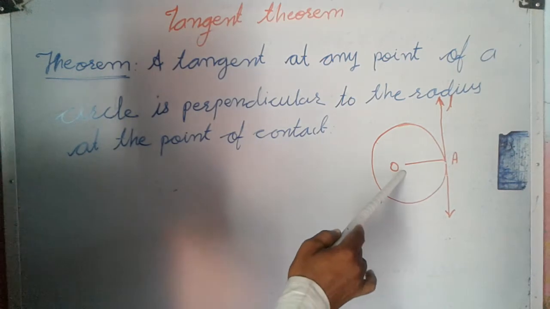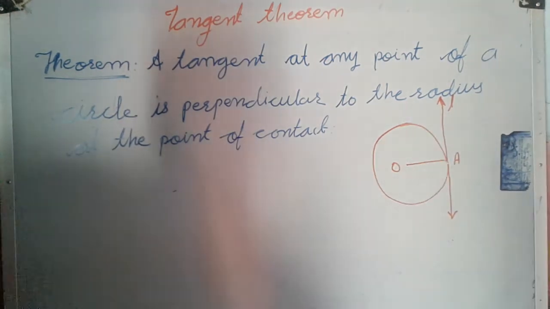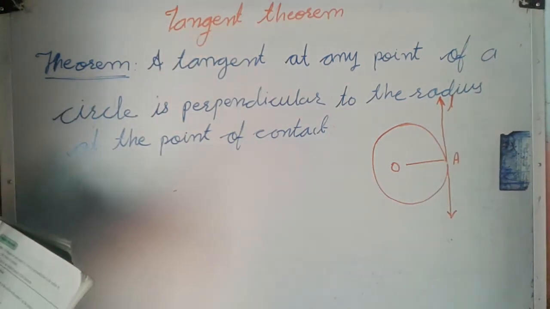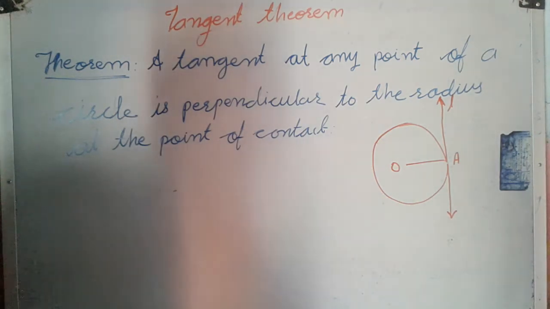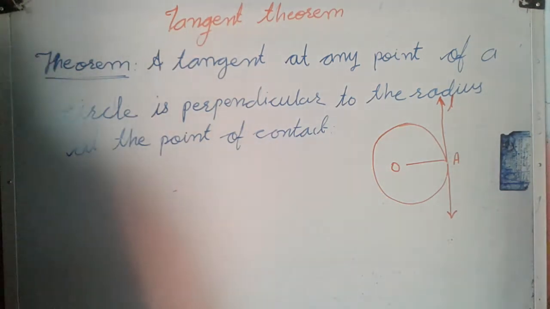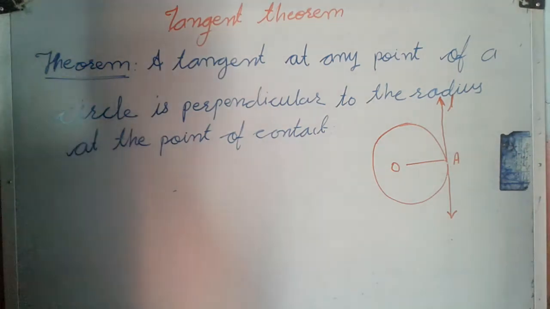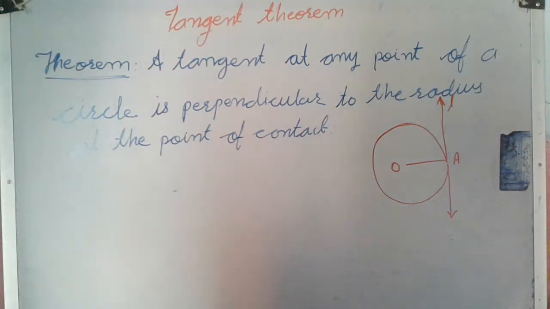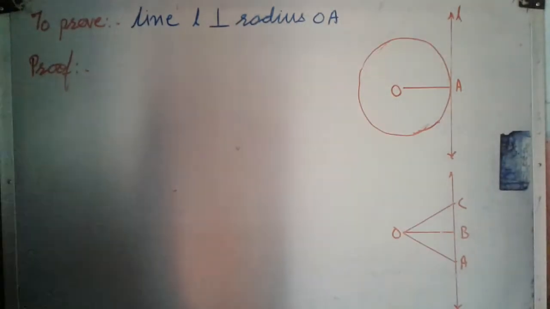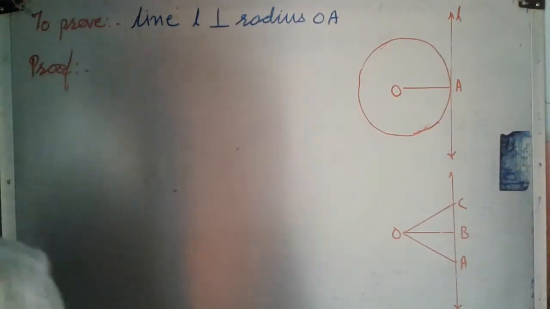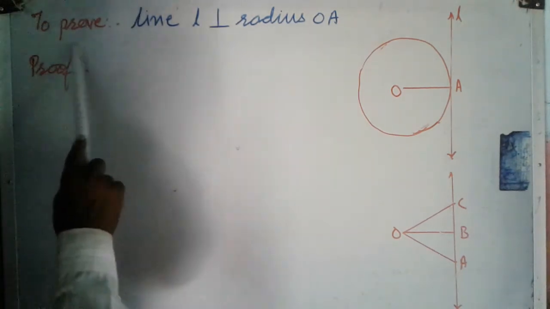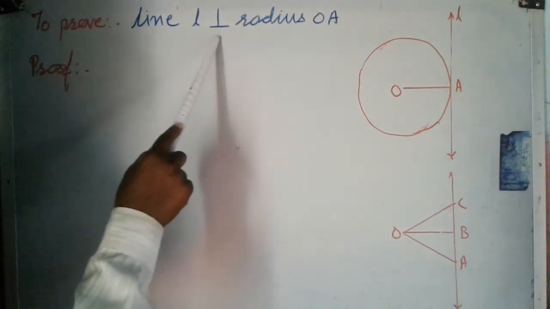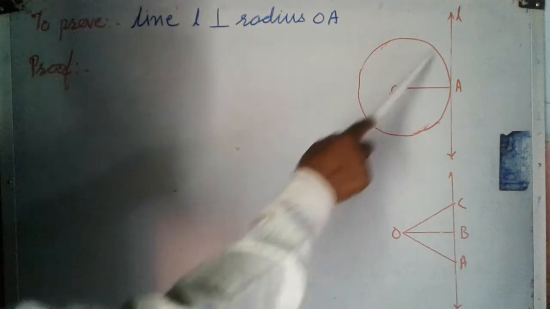Point O is the center of the circle and A is the point of contact. These are the given things. Now we will prove that line L is perpendicular to radius OA.